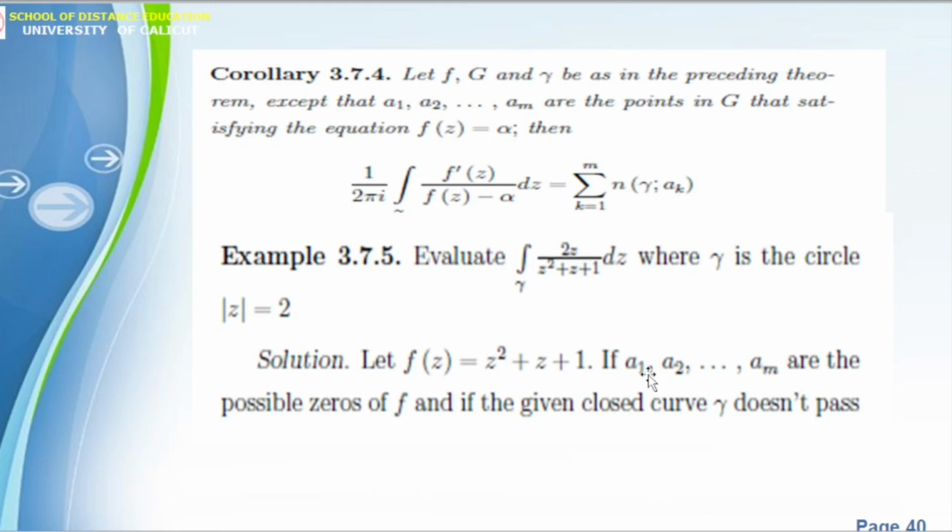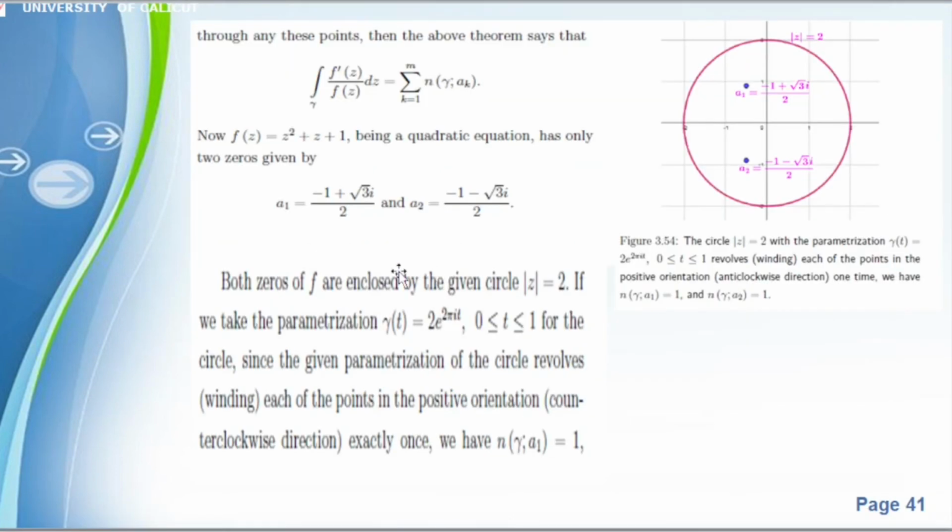If a1, a2, etc. are the possible zeros of f over the closed curve γ, and γ does not pass through any of these points, then the integral over γ of f'(z)/f(z) dz is the summation from k = 1 to m of n(γ; ak). The roots of z² + z + 1 are a1 = (−1 + √3 i)/2 and a2 = (−1 − √3 i)/2.